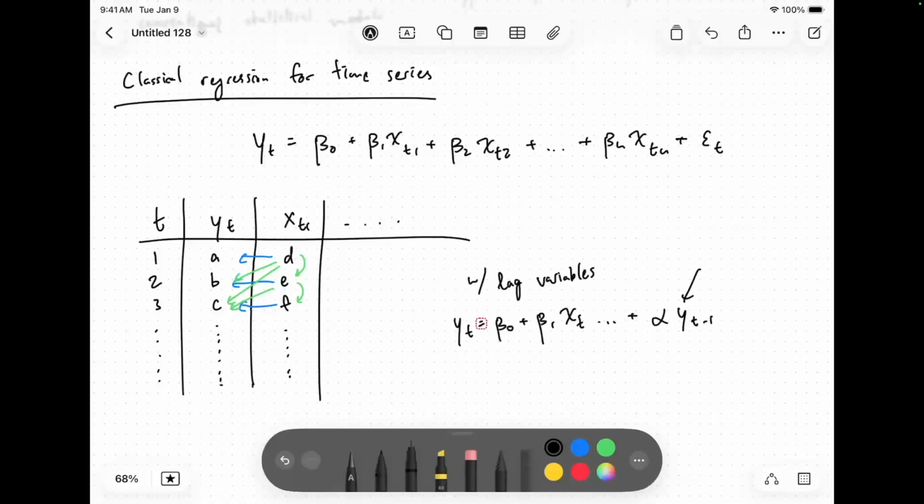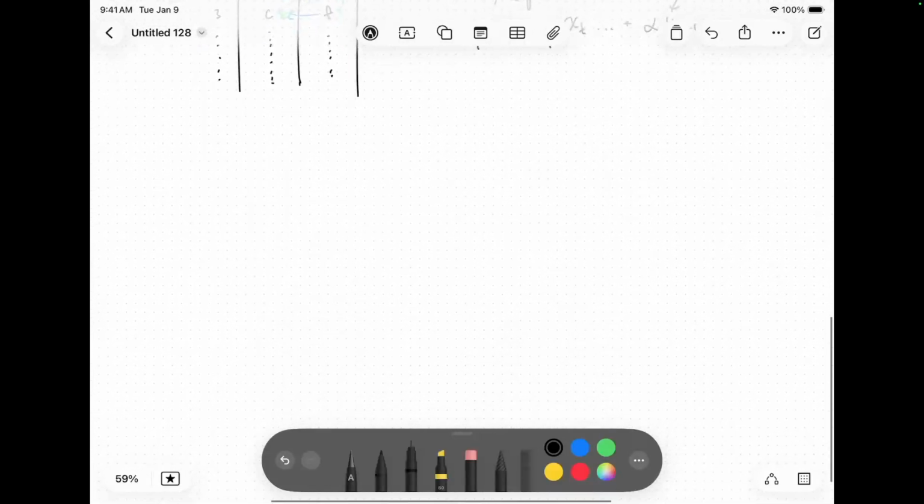So this would be known as your lag variable. Okay. So let's talk about some of the sort of concepts behind this, some of the pitfalls in doing something like this, and then we'll show some examples.